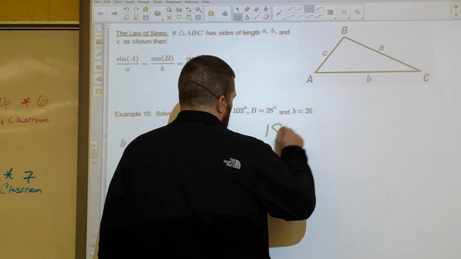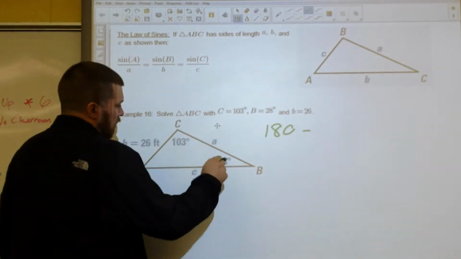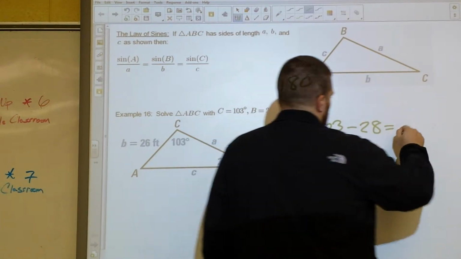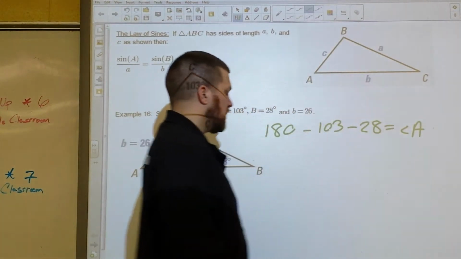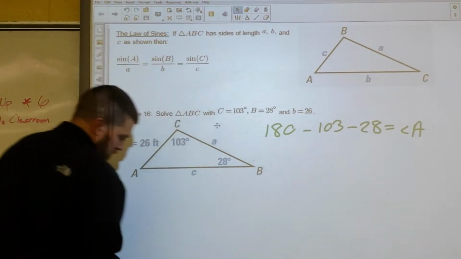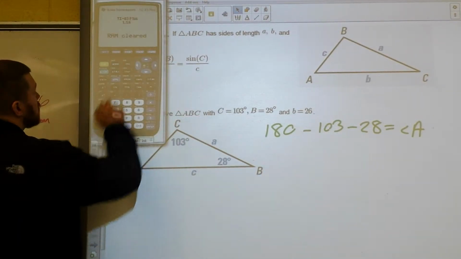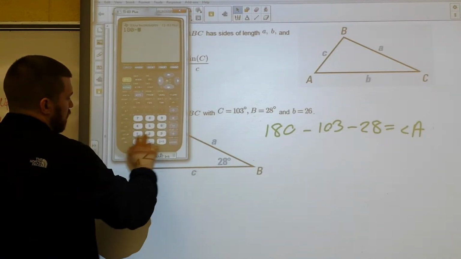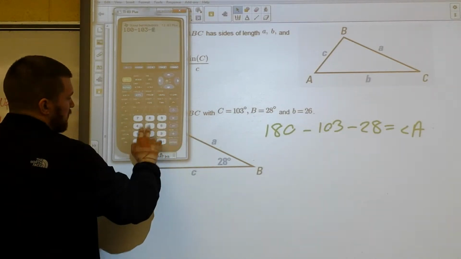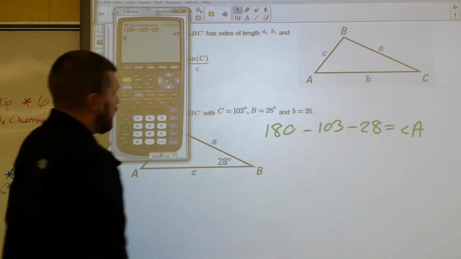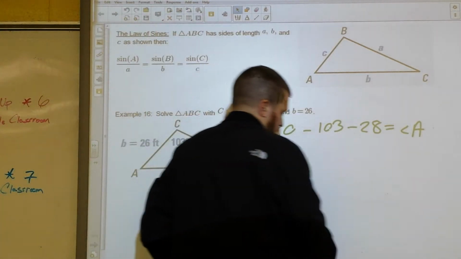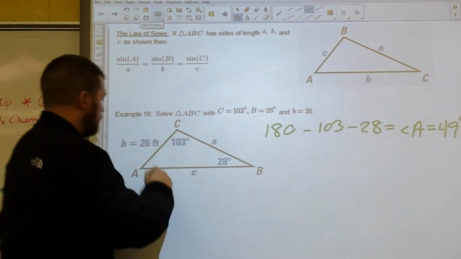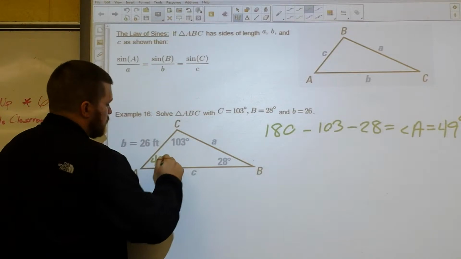So we have 180 minus 103 minus 28, and that's going to be angle A. I'm just going to use my calculator. 180 minus 103 minus 28, I get 49. So angle A is 49 degrees. I'm going to go ahead and put that in my picture.